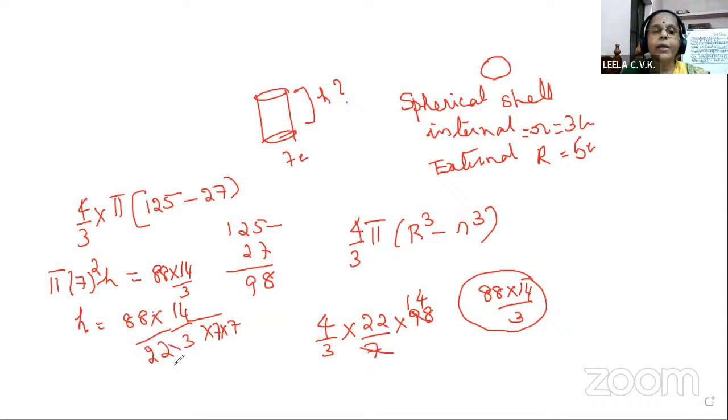So one 7 will get cancelled, then this 7 will get cancelled. This is 2. So 88, this is 4. So 4 into 2, 8/3. So the height is equal to 8/3 centimeter. You can just write 8/3, or if you want, you can write it in decimal.